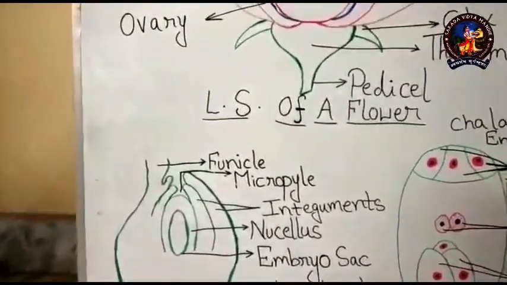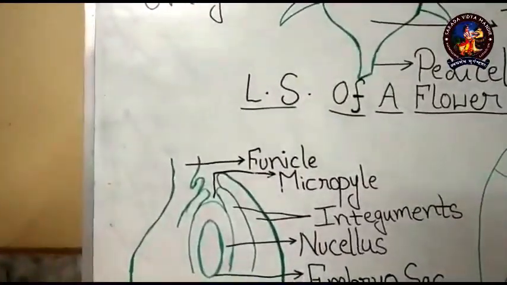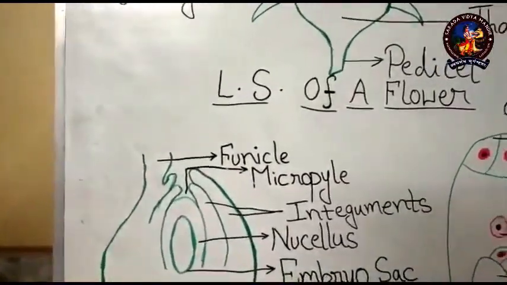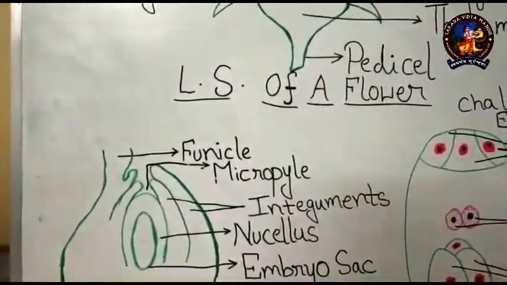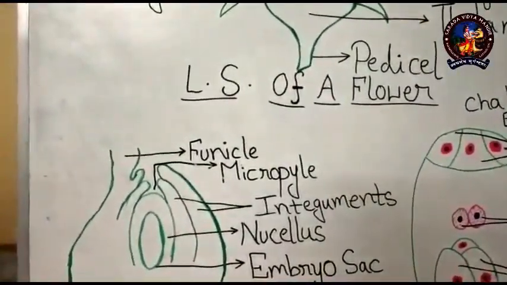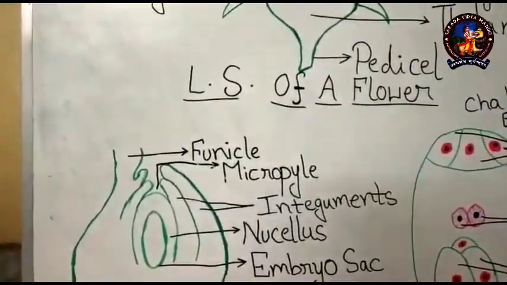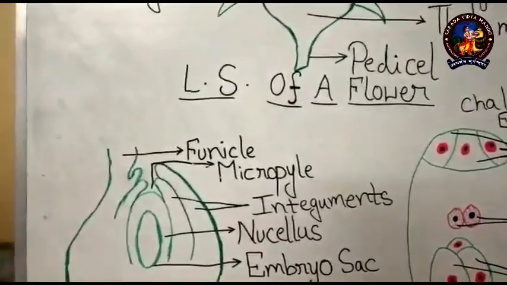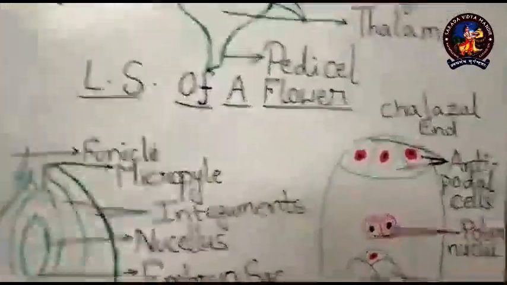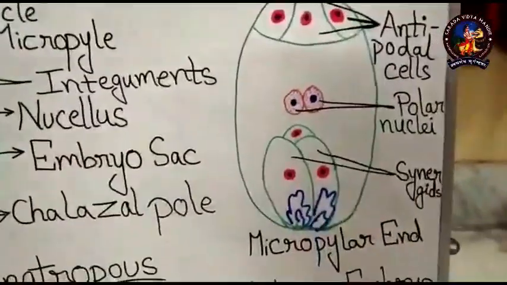From the micropylar end, one of the nucellus cells forms the Megaspore mother cell, which undergoes meiotic division. When it undergoes meiotic division, it forms 4 haploid cells, and out of the 4 haploid cells, only one becomes the functional megaspore cell. The remaining 3 degenerate.